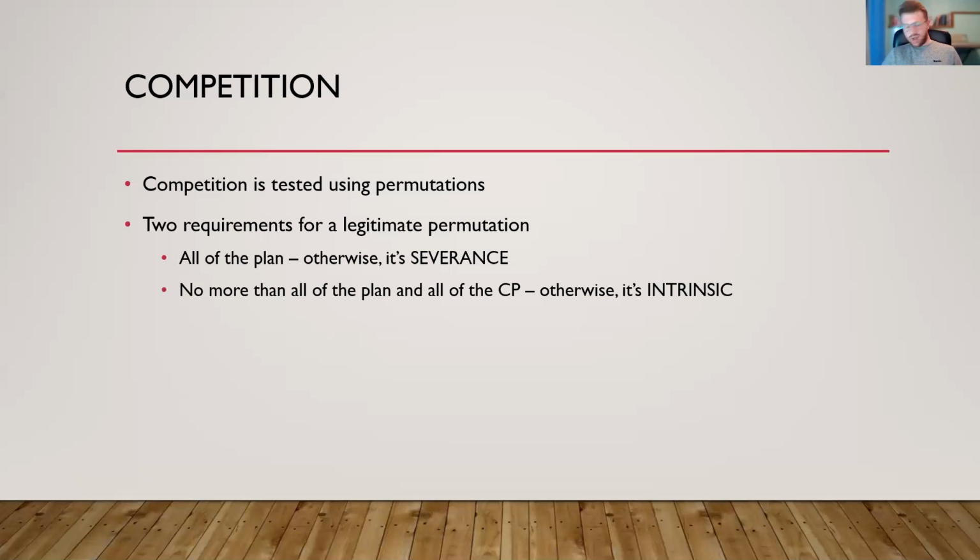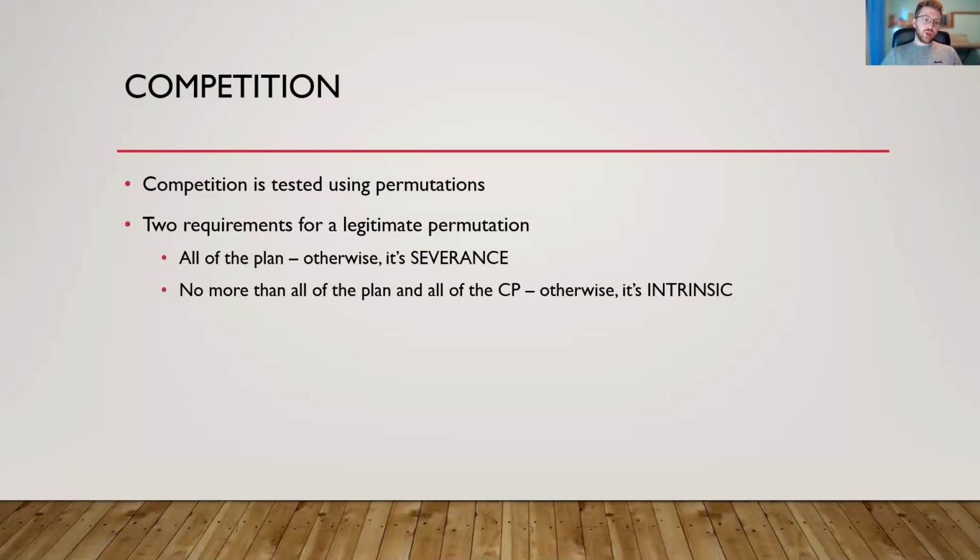but the basic idea of what you're asking is there are two different ways you can try to figure out if the perm meets these requirements for legitimacy. One of them is by looking at the text. So does it include all the words in the plan and no more than all of the words of the plan and counterplan, which is textual competition. Or you could try to do it by the function.